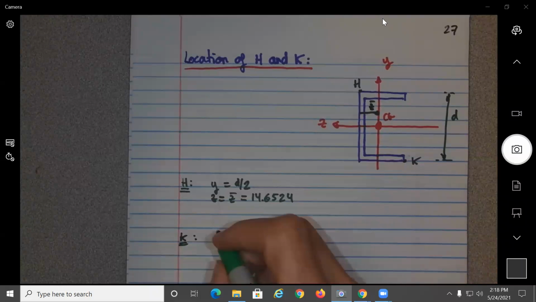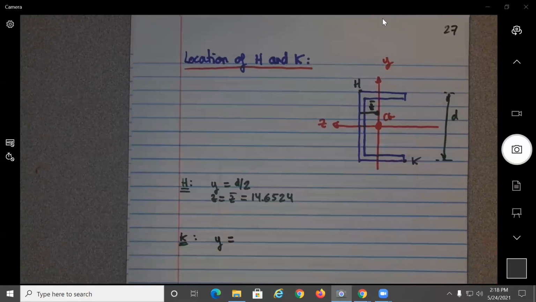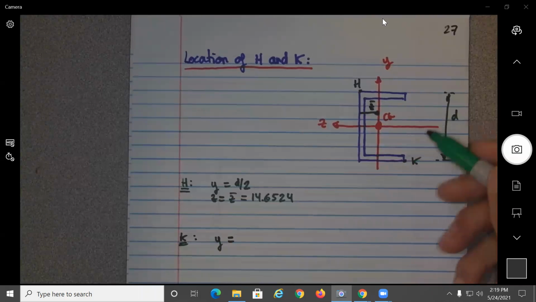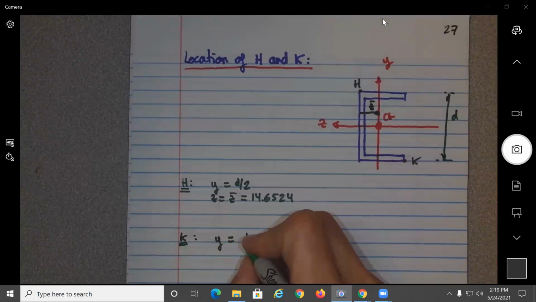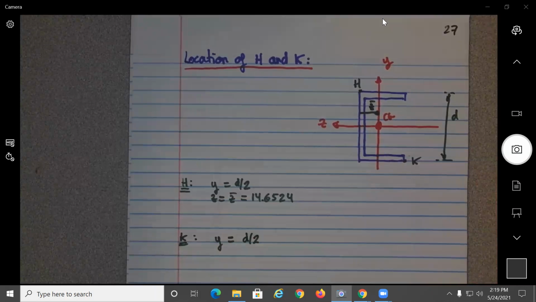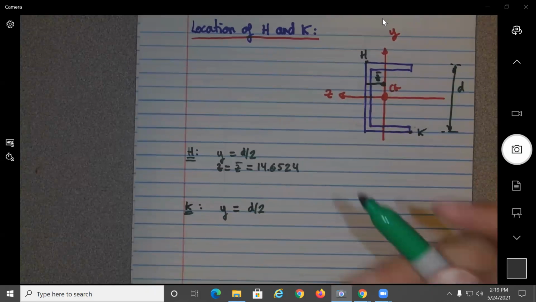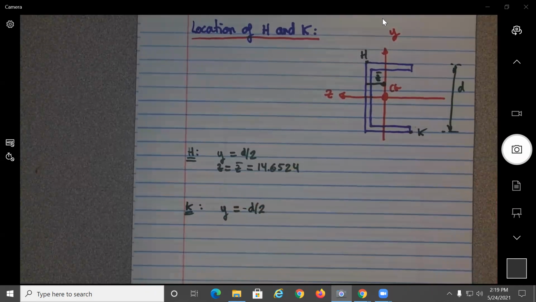Okay, that would be a bit more difficult. What would be the Y location of K? No, the Y would be easy. The Y, sorry, would be the Z. The Y would be what? Again, will be D over 2. I'm not putting positive or negative. I'm just looking at magnitude now, okay? If you want, you can put negative D over 2, but it's not that important.